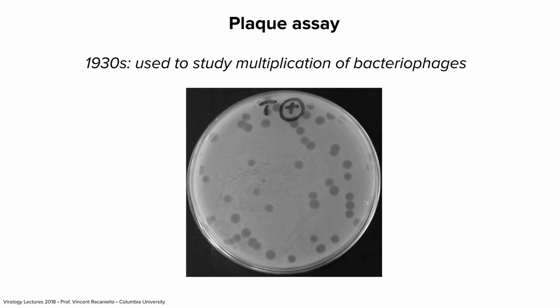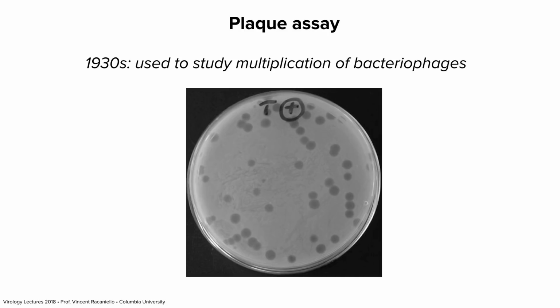In my opinion, the best infectivity assay in all of the world is the plaque assay. I love the plaque assay. And this was first developed in the 1930s for people who were studying viruses of bacteria, bacteriophages. And here is an example of that. And you may have done this even in high school because it's a relatively safe assay to do.